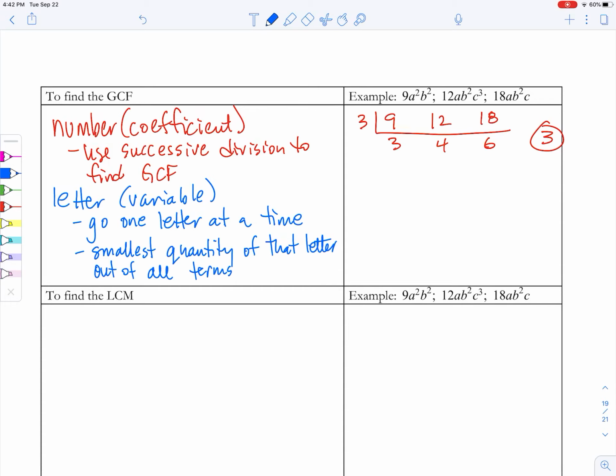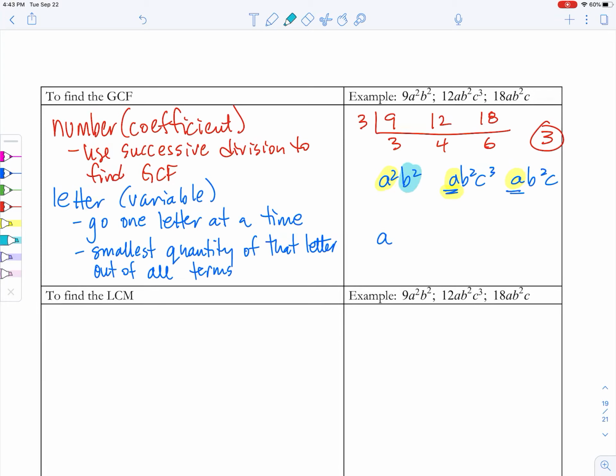And then when I look at the letters, I'm going to rewrite them: A squared B squared, A B squared C cubed, A B squared C. I'm going to do it a letter at a time. When I look at the A's, A squared, A, and A, the smallest quantity that shows up is just one A in the second and third terms. So we're just going to use one A to the power of 1.